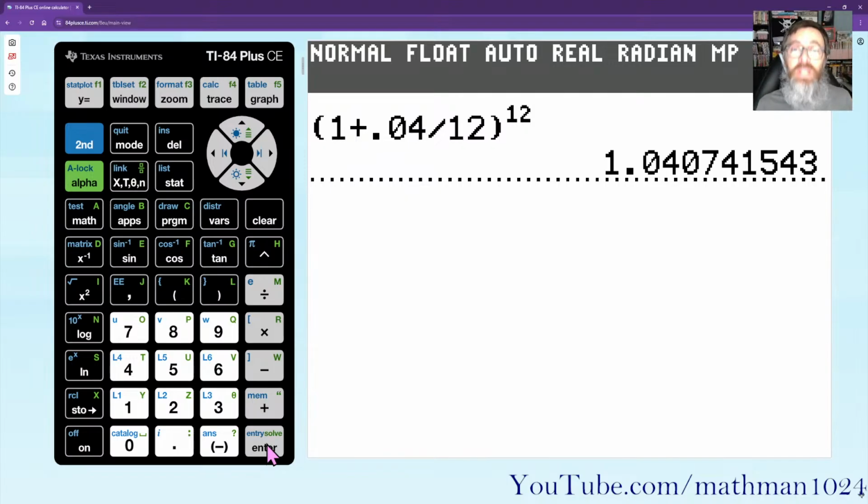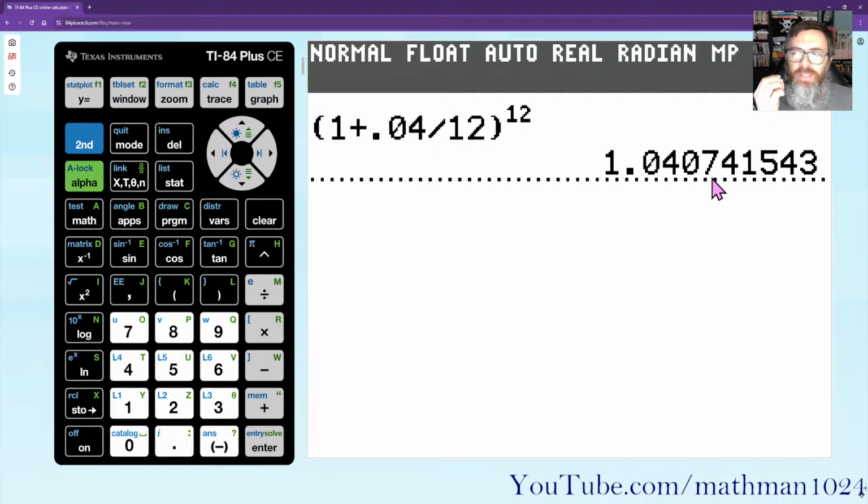For a whole year, you would have this rate of return. So again, the 1 is the 100%, but this leftover part, 0.0407, means that a 4% rate with monthly compounding for the whole year means you would grow by 4.074%. So it's actually a little bit more.